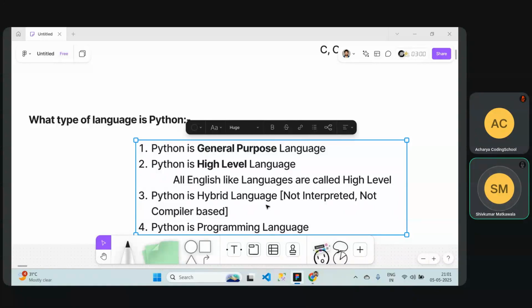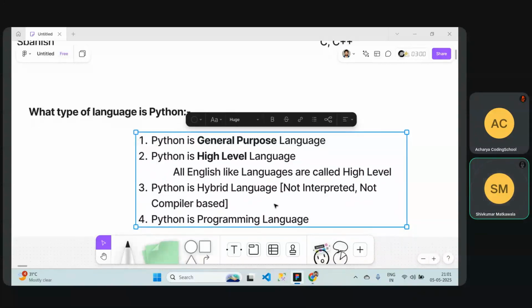So somewhere it has to be interpreted, translated. So our Python is interpreted by one part of it, that is called PVM, Python virtual machine. Python virtual machine interprets it into low level language.